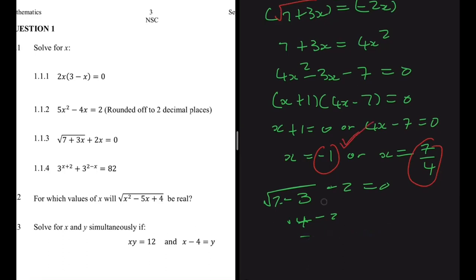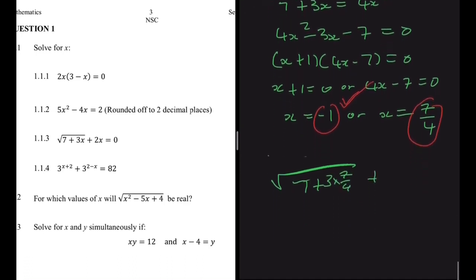Let's check the other solution which we have. So we have the square root of 7 plus 3 multiplied by 7 divided by 4 plus 2x is equal to 0.